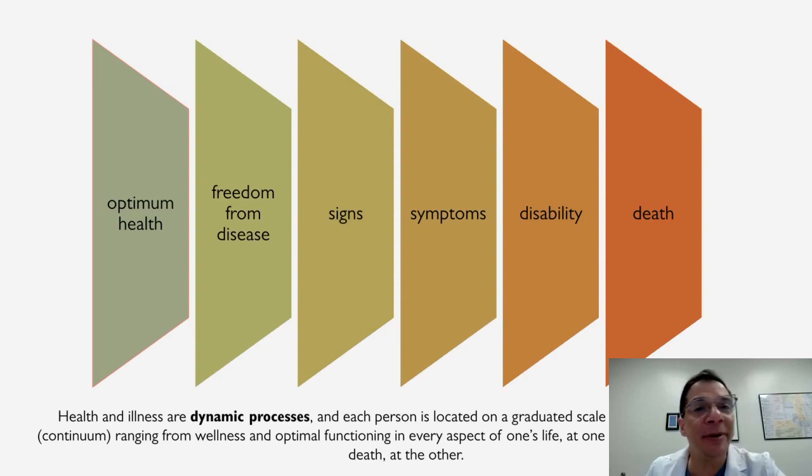So people may be at different points in their life in this continuum, that goes from the total optimum health to death. Okay, this is the way that we should see health and disease, not as someone is healthy or non-healthy, like we usually do.